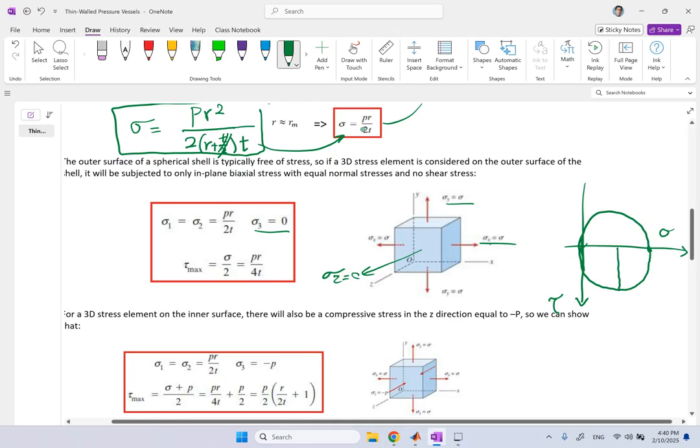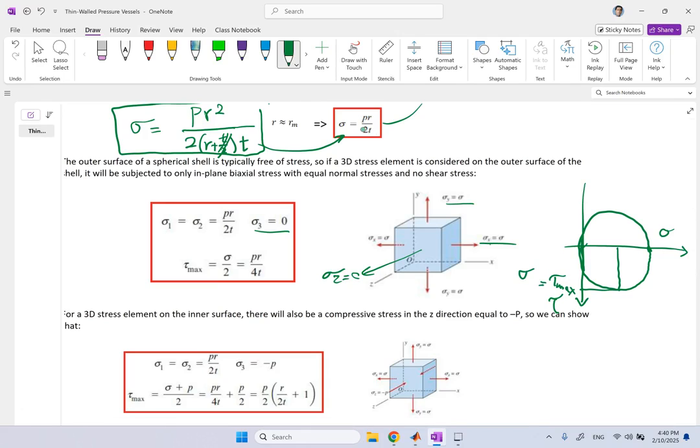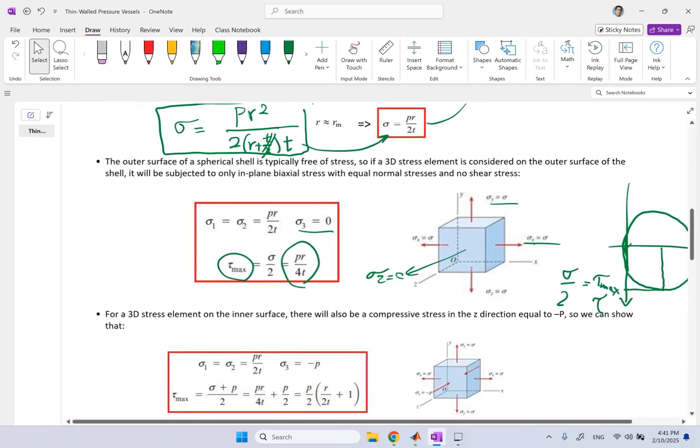And the tau max here, if you wanted, is of course equal to half of sigma, and since sigma is PR over 2t, tau max is going to be PR over 4t. Now why do you care about tau max? Because these tanks, these spherical pressure vessels, are typically made of ductile material, and ductile material would fail under maximum shear stress.